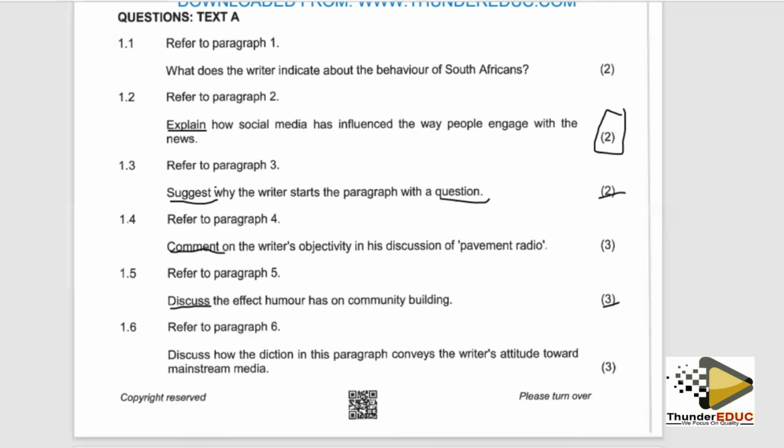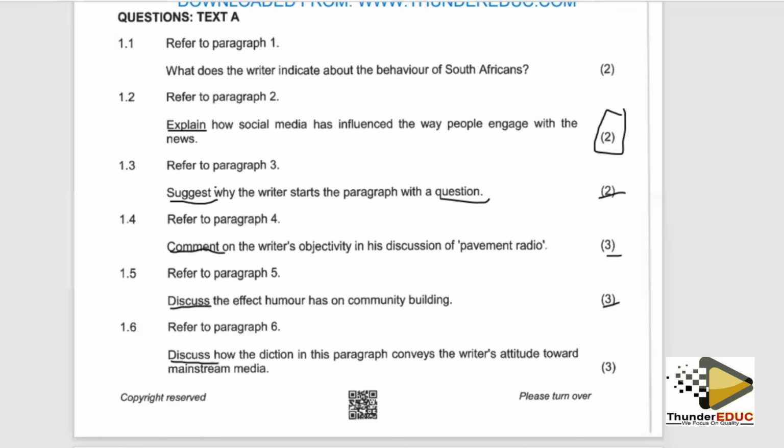But now when we're coming to our 3-mark questions, we are requested to do more than just highlight. We are now coming in and asked to comment. We are discussing, same in 1.6, we are discussing. Therefore, you must bring in all points of view that have been brought in.